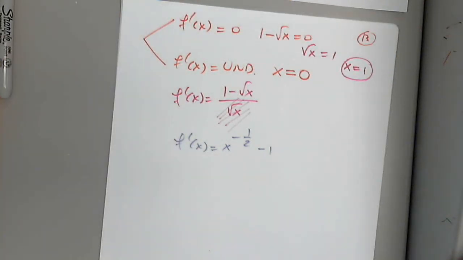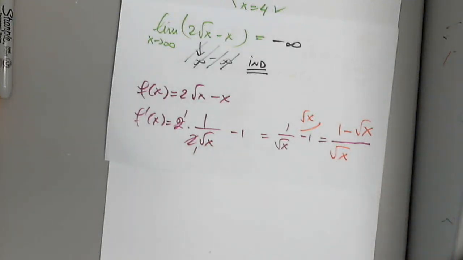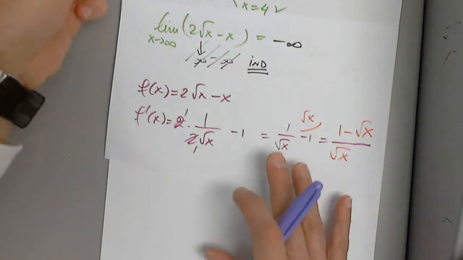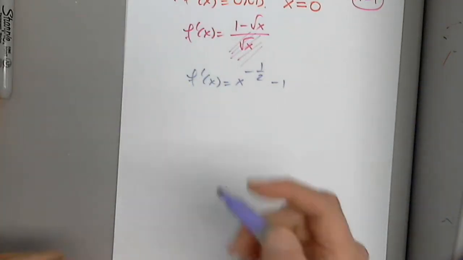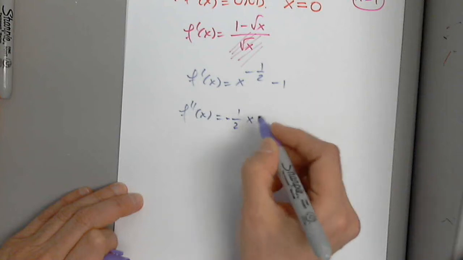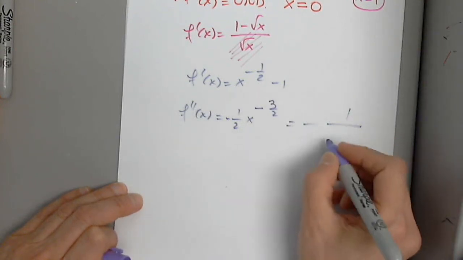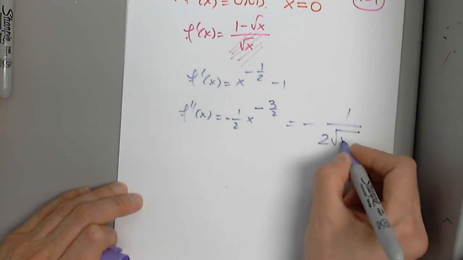Why wouldn't you use the other one? This one? It's harder. It will take me 5 or 10 minutes to differentiate that one. It would take me 5 seconds to differentiate this. Okay. So the second derivative, negative 1/2, x to negative 3/2, which is negative 1 over 2 the square root of x cubed.